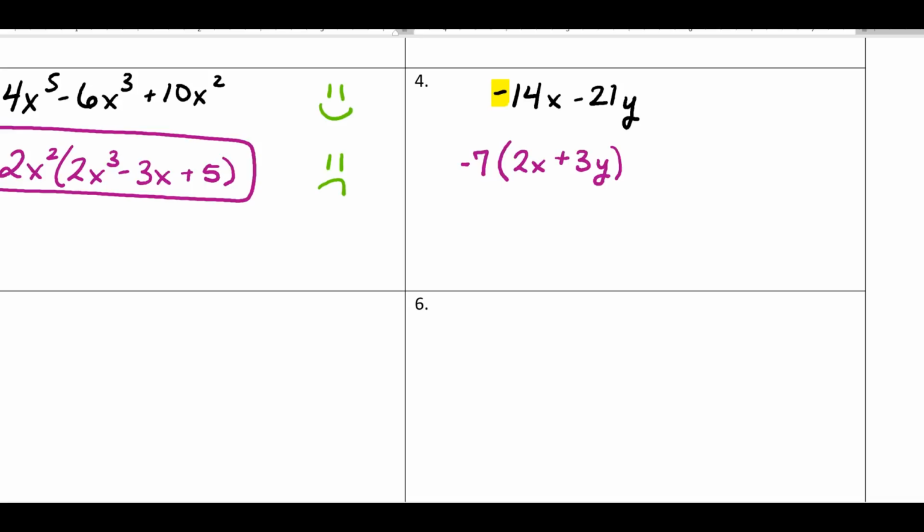If you multiply it back, negative 7 times 2x and negative 7 times 3y would give me my original answer. So let's make ourselves a note down here because this is really important. The leading coefficient must be positive.